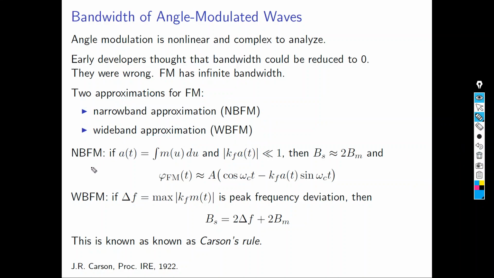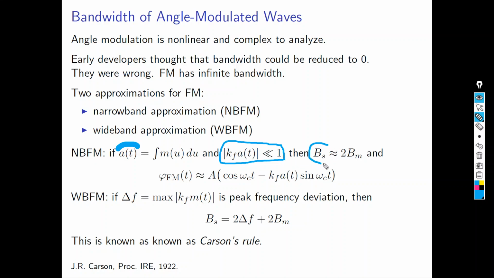Having said this, let's assume that a of t is basically the integration of the message signal, and let's assume that kf, which is the factor associated with the frequency modulation, multiplied by the amplitude of a of t, the integration of the message, is much smaller than 1.